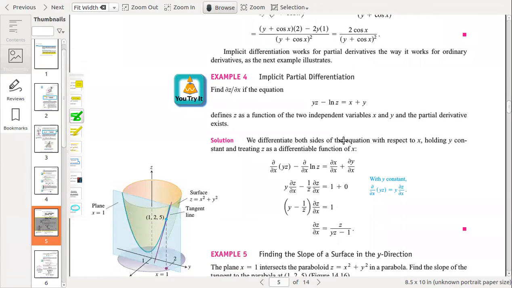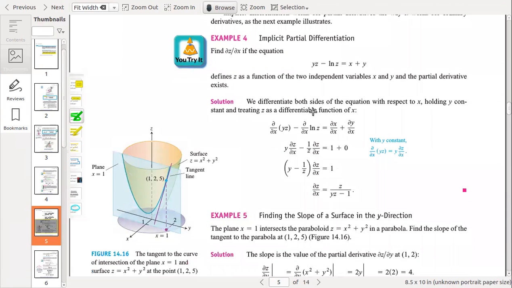So the next example is a similar example: implicit partial differentiation. Find partial z over partial x for the given equation. Here z is a function of the two independent variables x and y, and we have to calculate the partial derivative with respect to x.